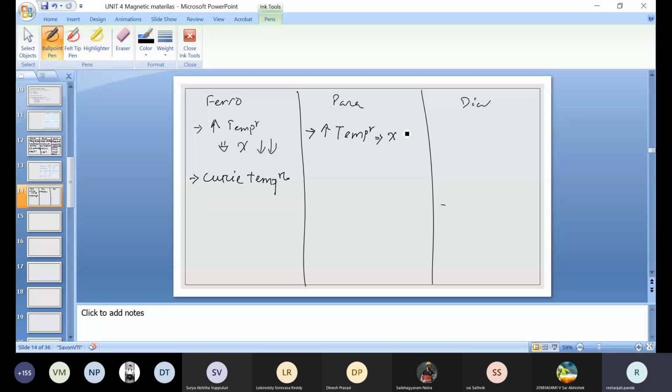So we can say psi is inversely proportional to temperature. So here we need not find any Curie temperature. There is no necessity of Curie temperature here.